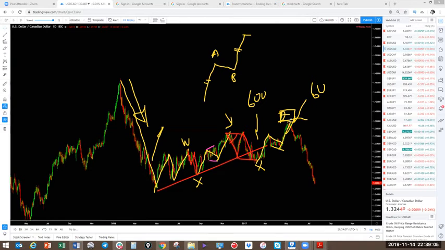This reversed, tagged here, and went for 1,200 pips. Can you see that in just this last correction to the upside and this last move, 2,400 pips total.